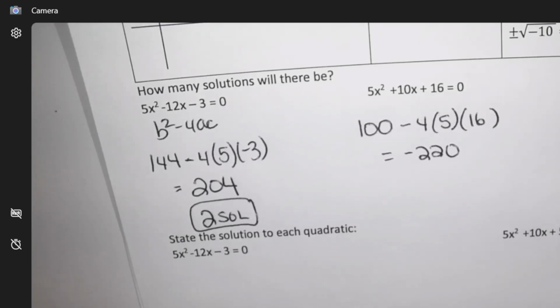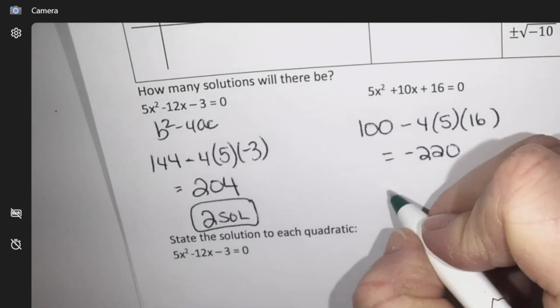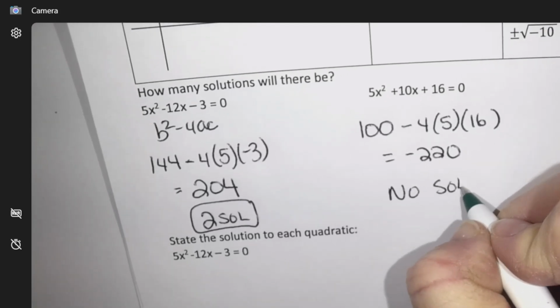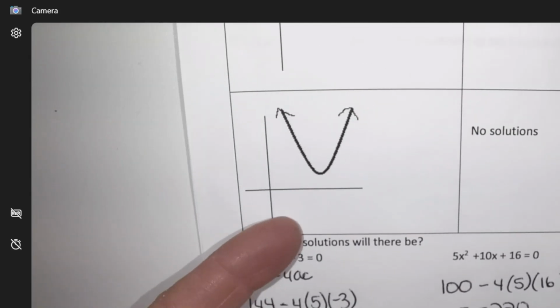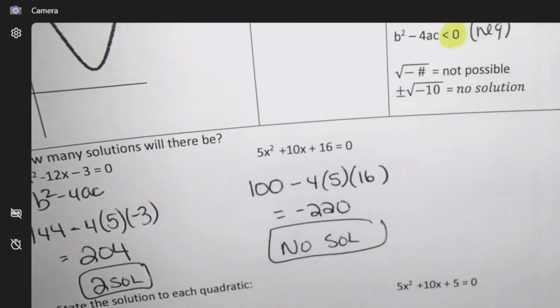That's good. So what does that tell me? Because in the equation, what would happen if I tried to square root that? You're not going to be able to do that, and then there would be no x-intercepts. Okay, and that's fine, because parabolas can 100% look like that.